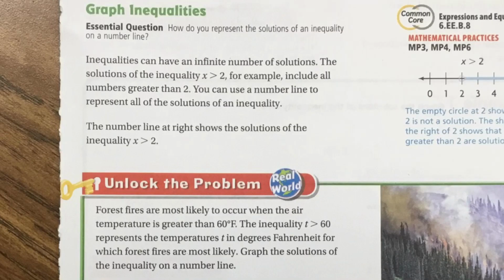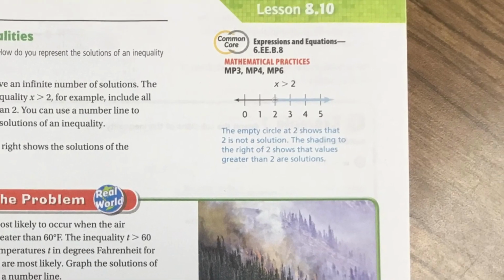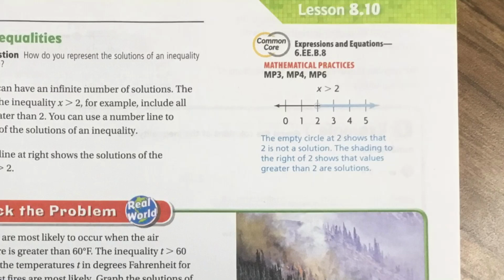All right, you ready? Go. Inequalities can have an infinite number of solutions. The solution of the inequality x is greater than 2, for example, includes all numbers greater than 2. You can use a number line to represent all of the solutions of the inequality. So if I look over here, everything greater than 2, I could fit in for x, right?